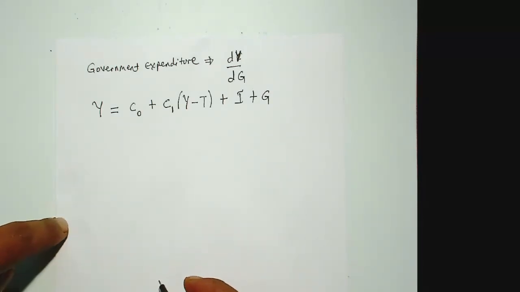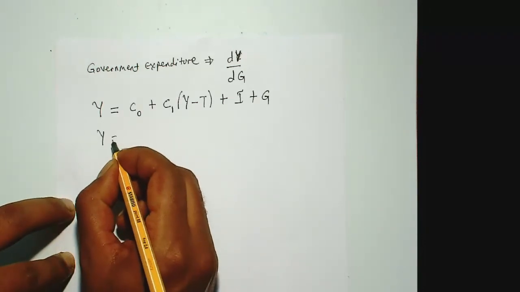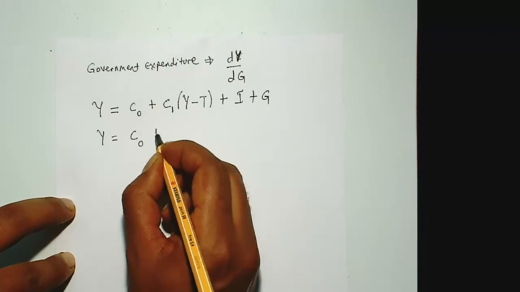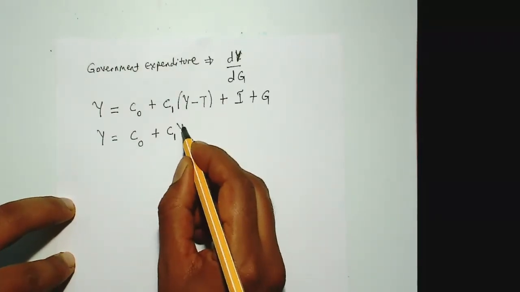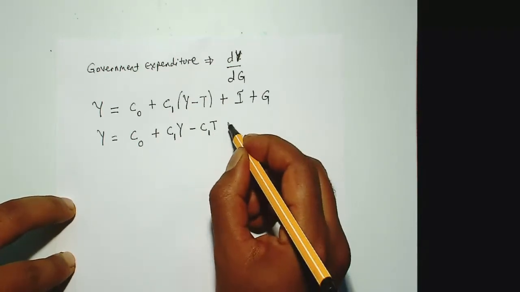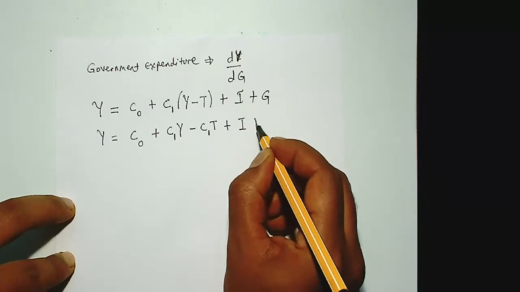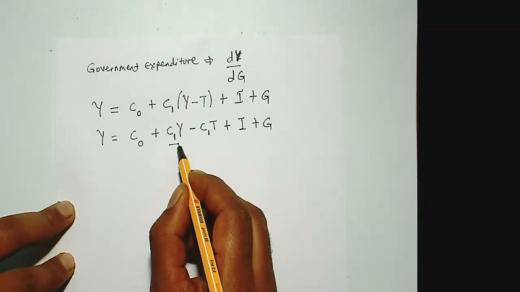The first thing we have to do is collect our Y items on the left-hand side so that we can work our way through easily. First I get rid of the bracket, multiplying C1 with Y minus C1 multiplied by T, plus investment plus government expenditure.